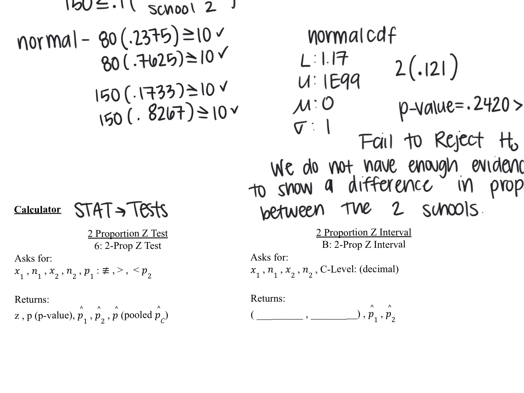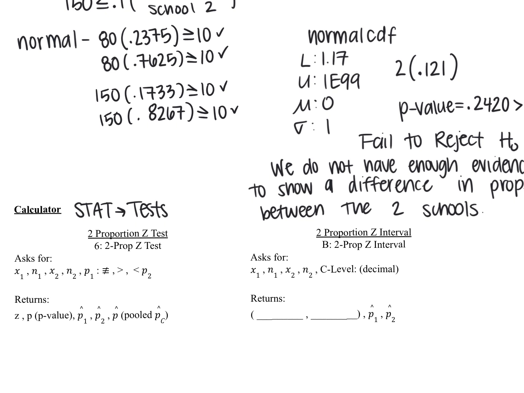Now here's the nice thing. If you use the calculator function like this to calculate your p-value, it doubles it for you already. So you don't have to remember to double the p-value if your alternative hypothesis does not equal, which is nice. It gives you your p1 hat, your p2 hat. They call the pooled proportion just p hat, and then n1 and n2.